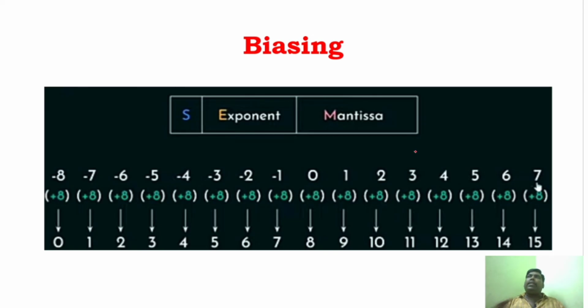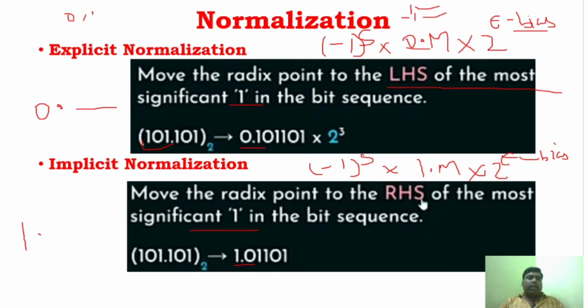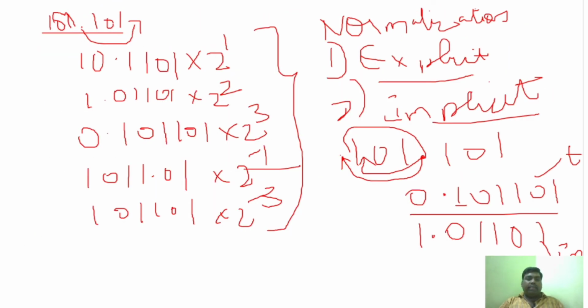In any binary representation, like 8421 code, you don't have a specific range to represent a minus sign. In floating point representation, there will be numbers with an exponent of -1, -2, -3, -8, like that. So how can we represent those minus exponent values?